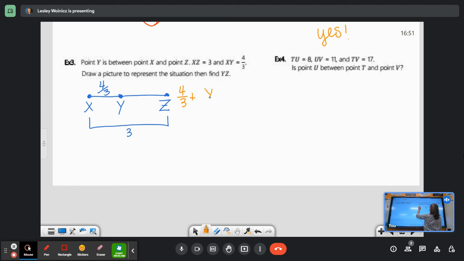So YZ equals, okay, so our 4/3 plus YZ has to add up to our total XZ, which is 3. Okay, so we are going to subtract the 4/3 from both sides.